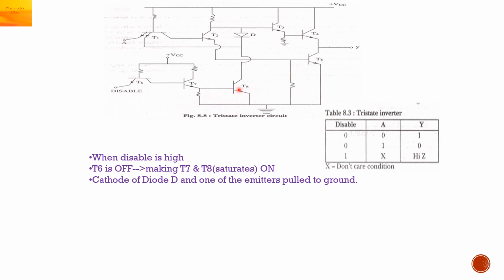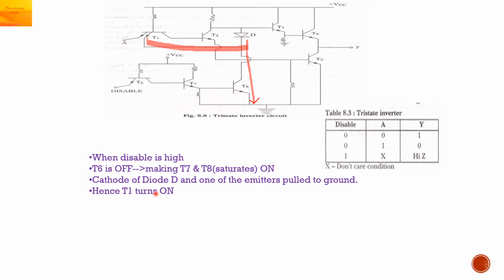The cathode of diode D and this emitter of T1 will then be pulled to ground. That is this path, they will pull to ground.